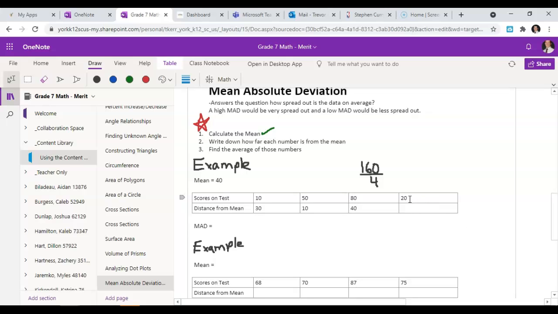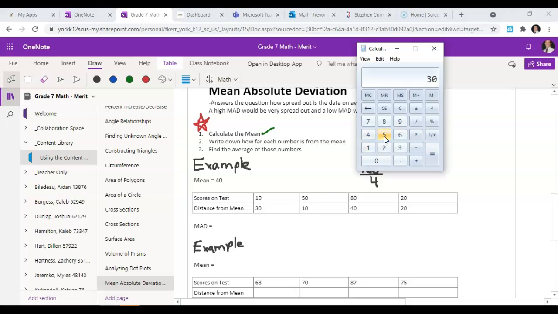And then the last one here, 20. How far is 20 away from 40? You could subtract, you could do it in your head, but 20 is 20 spaces away from the average. Again, I could just subtract them if I wanted to. 50 minus 40 is 10. 80 minus 40 is 40. 20 minus 40 is what I get there.